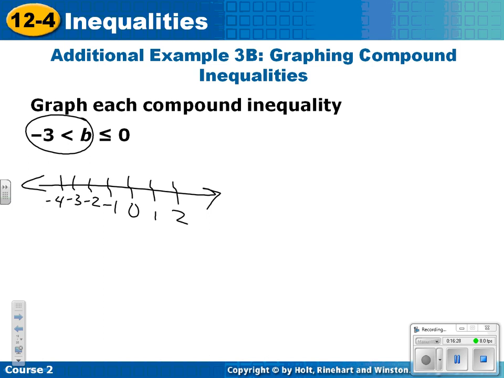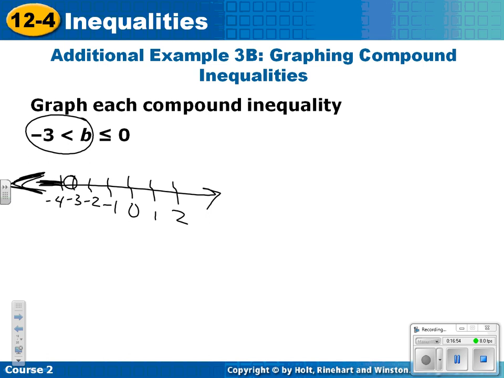And then you go, all right, -3. And it's less, so I'm going to put a circle there, and the symbol says less than. So you're going to do this. But watch. Does that actually cover it? Is that correct?